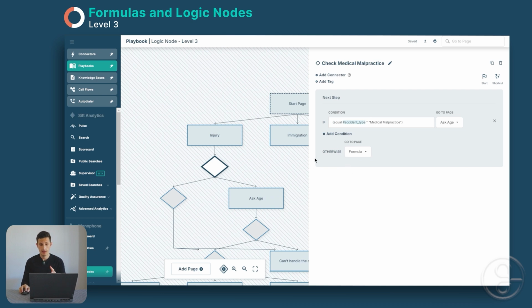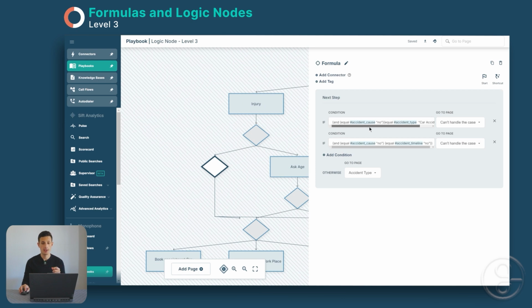But in this case, if it's not a medical malpractice, we go into the next logic node, which is checking some also very specific conditions. Here we are checking multiple things. This is where it gets a bit more advanced. We're checking that if the accident cause was not another party, and if it was a car accident, they can't handle that case.